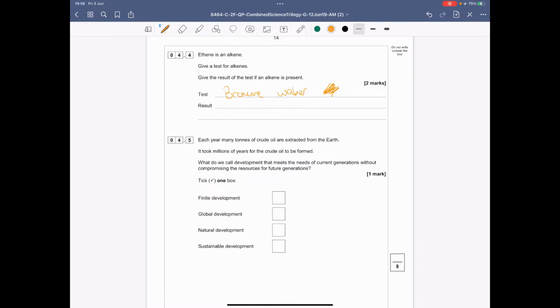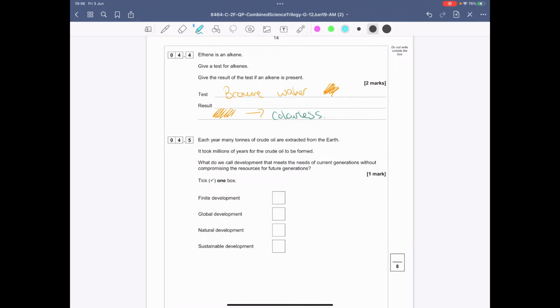Now, if it reacts with an alkene, because it's got that double bond, it will go from orange to colourless. If it was an alkane, the alkane wouldn't react with it because it doesn't have a double bond, so it will just stay orange because there'd be no reaction.